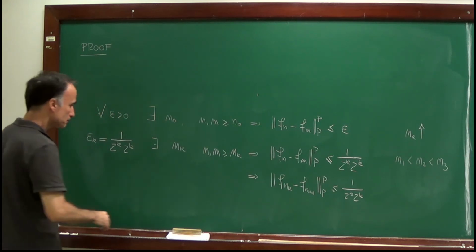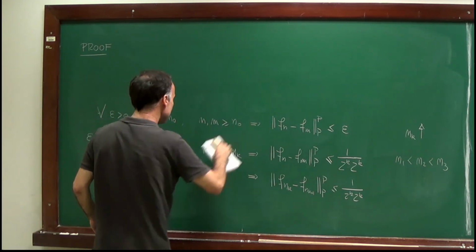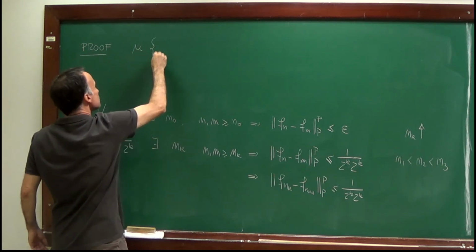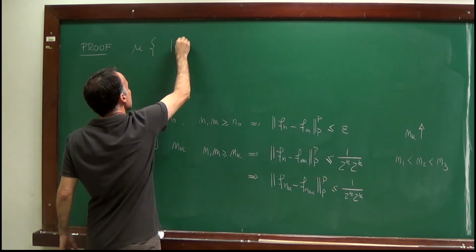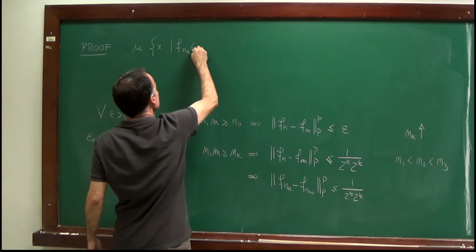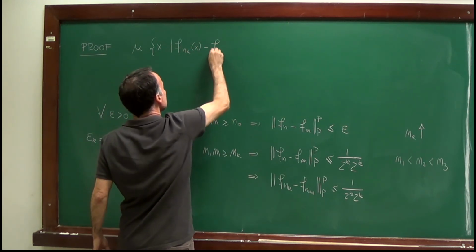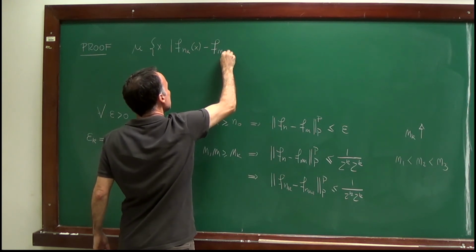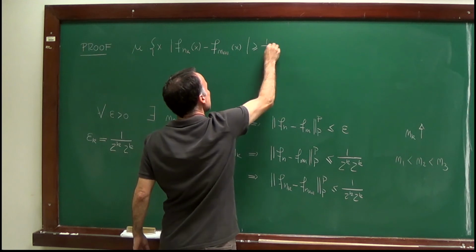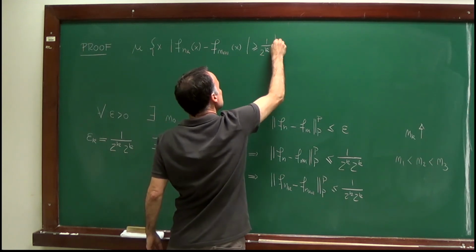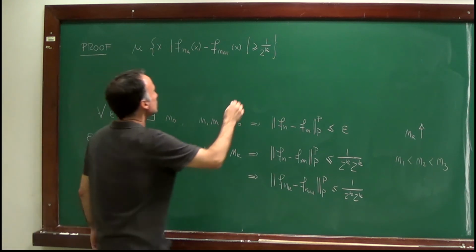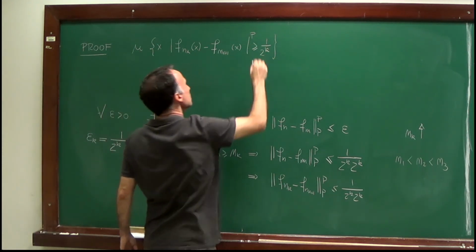Now what I claim is that I can estimate the measure of the set of points x such that f nk x minus f nk plus 1 x is larger than 1 over 2 to the power k.